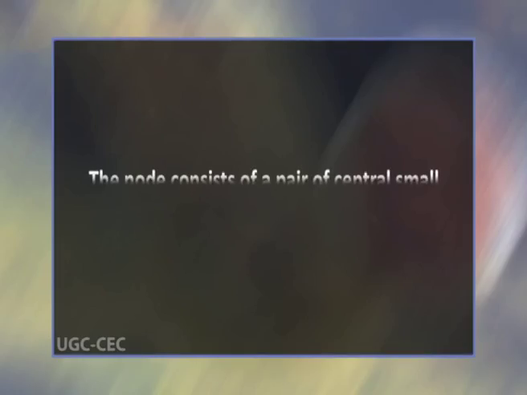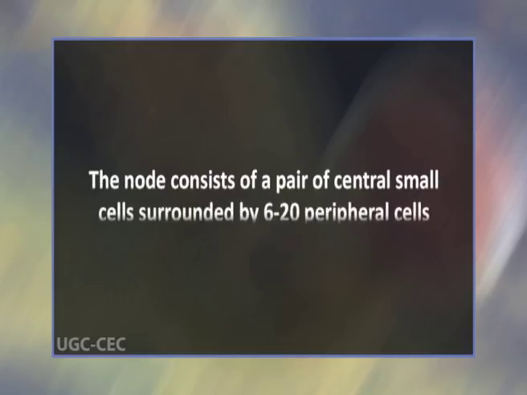The species in which the cortical layer is absent are called ecorticate species. The node consists of a pair of central small cells surrounded by 6 to 20 peripheral cells. The central cells and the peripheral cells arise from a single nodal initial cell.